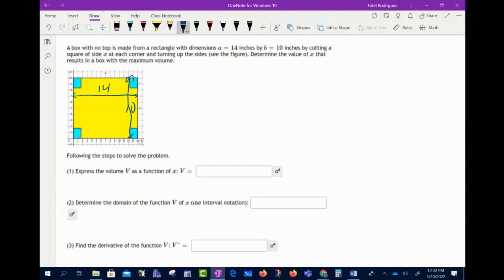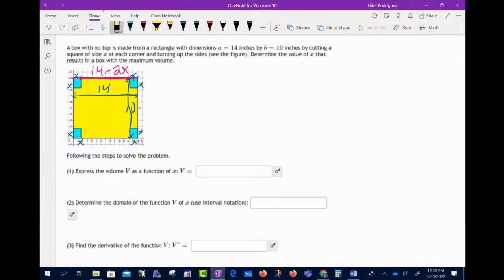We're going to cut out these little squares that have sides of X. What would the distance from here to here be? That'd be 14 minus 2x, right? Because we cut out that x and that x.